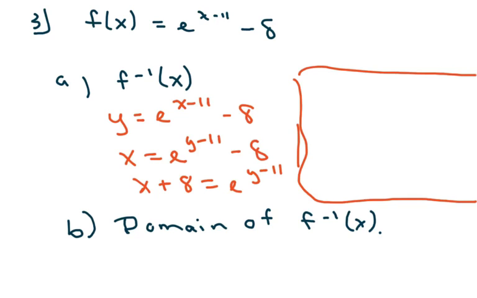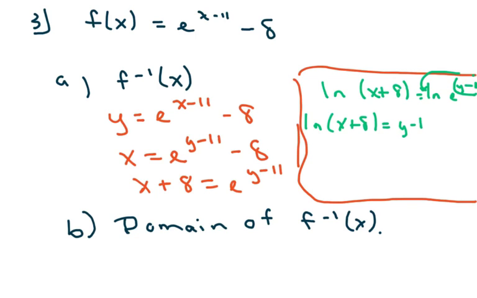So basically I'm going to have ln of x plus 8 equals ln of e to the y minus 11. Now I'm going to use my power property and bring this out in front. So I get ln of x plus 8 equals y minus 11 times ln of e.